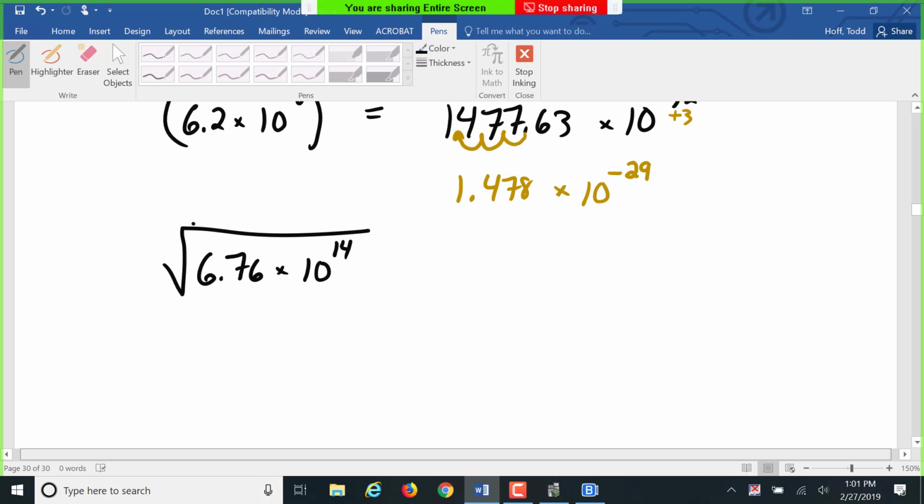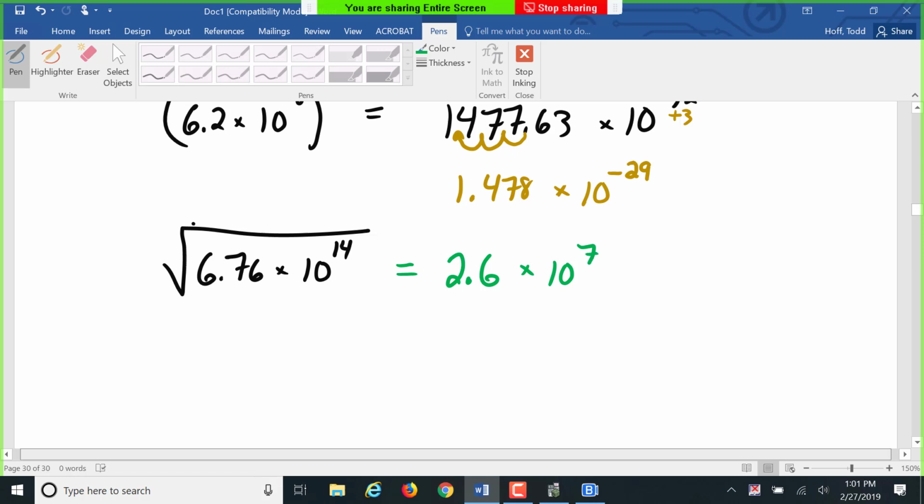So what if we have a square root? Well, same as we would do with algebraic numbers, we take the square root of the number. What is the square root of 6.76? 2.6. Good. It becomes 10 to the power of? Perfect. 7.